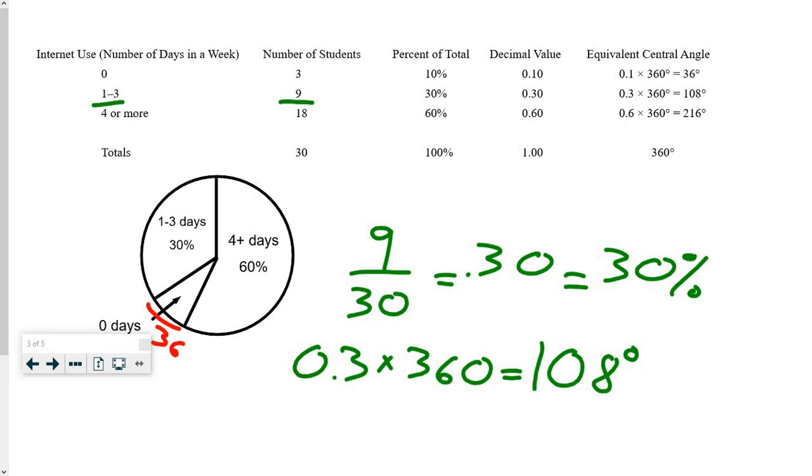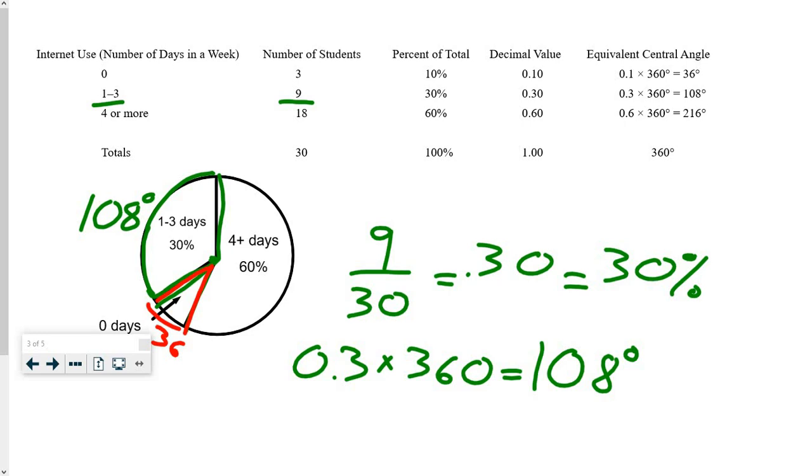So when we take our protractor, we measure it out. This is 90, remember? So 108 degrees is just going to be a little bit more. And when we measure that out, that's going to be 108 degrees. Sorry, it's just getting a little bit messy here. So that's 108 degrees. This here is 36 degrees.